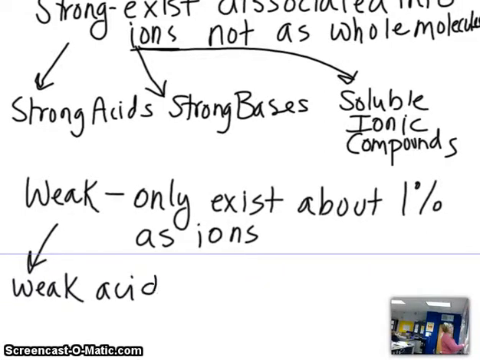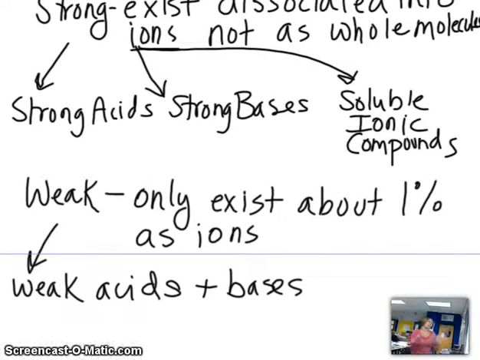So any acid or base that's not on our strong list. Things like acetic acid, vinegar, that's a weak acid. It stays mostly in its molecular form. Only about 1 in every 100 molecules actually exist as ions. Hydrofluoric acid, HF, is a weak acid. It exists mostly in its molecular form. Weak bases like baking soda or iron hydroxide, those exist mostly in their molecular form.